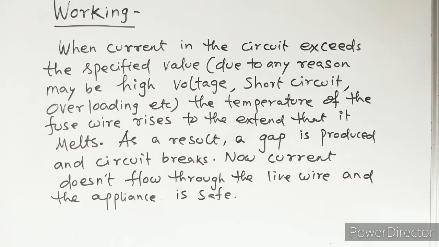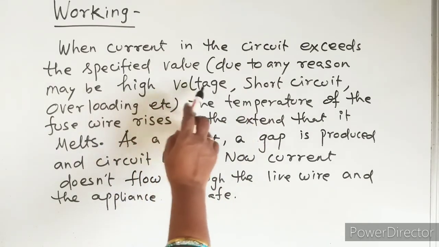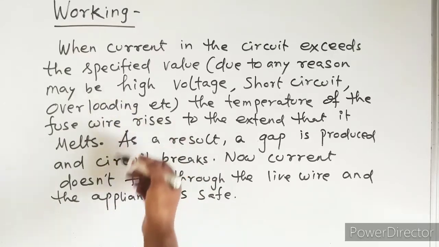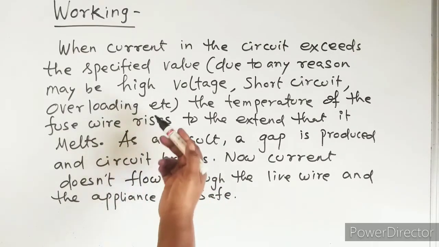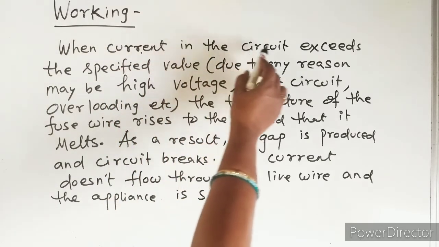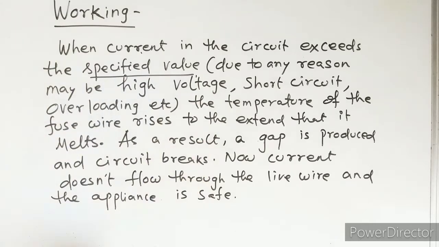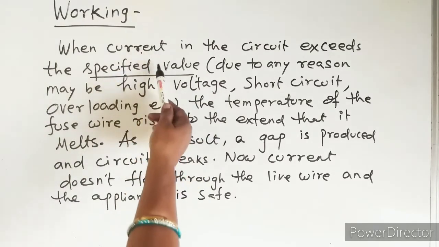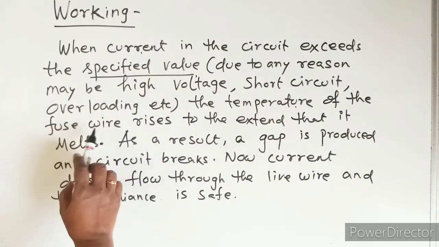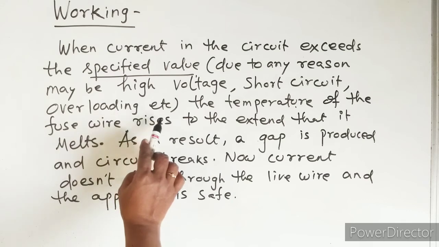How does it work? For any reason, maybe high voltage, short circuit, overloading, or voltage fluctuation, whatever it may be, when the current exceeds in the circuit, there will be a specified value for the circuit, no? So when current exceeds the specified value, the temperature of the fuse wire rises.